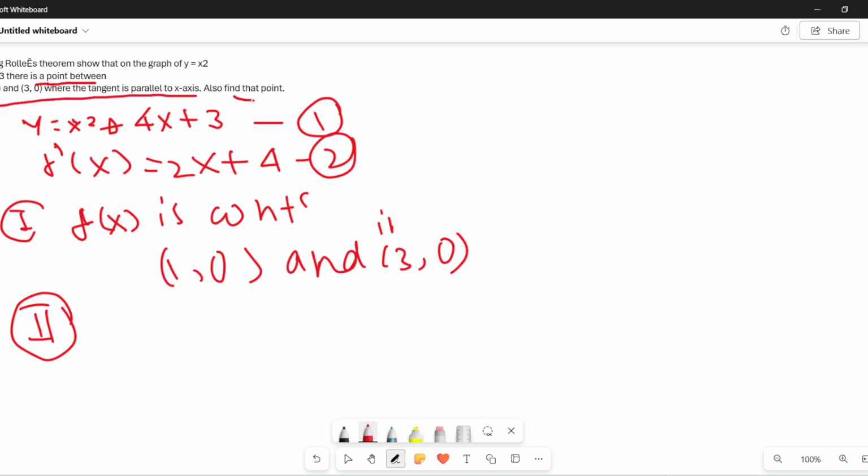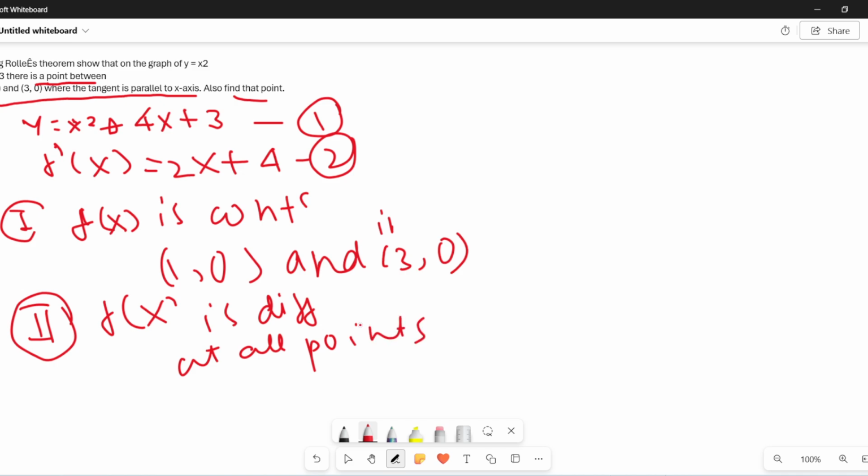The second condition is whether the function is differentiable. This is a polynomial function, so it is differentiable at all points between (1, 0) and (3, 0).